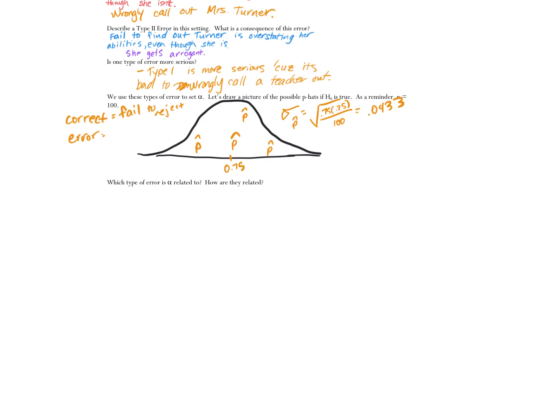Okay, and then if I make an error, that would be rejecting, right? What type of error is that? Type 1 or type 2? Type 1. Okay. And how do we decide whether or not we are going to reject or fail to reject the null hypothesis?